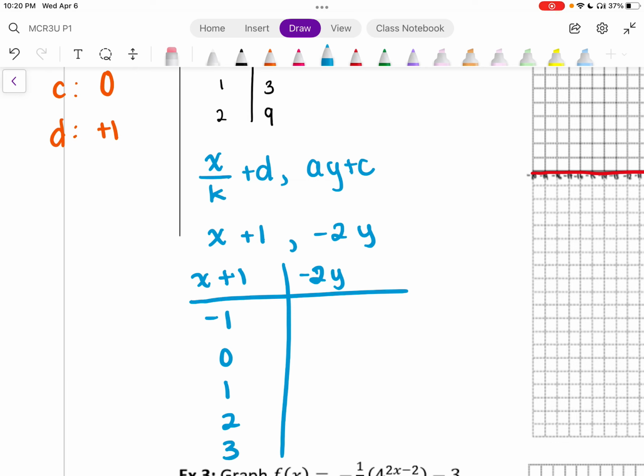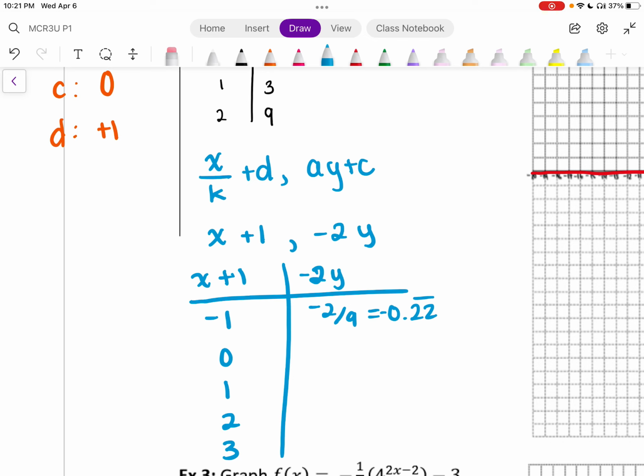Okay, on the flip side, we're just going to multiply all of our y values by -2. So -2 times 1 over 9 is going to give me -2 over 9, right? Which I'm just going to write as a decimal again because it's easier for us to graph decimals. So 2 divided by 9 is going to be -0.22, right?